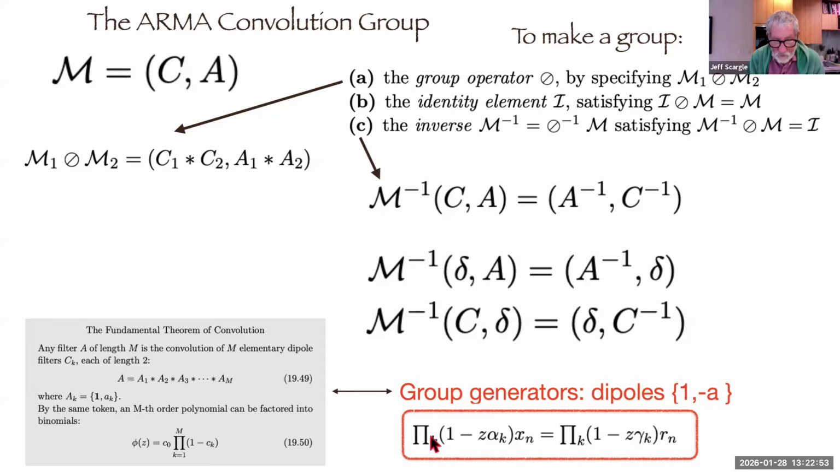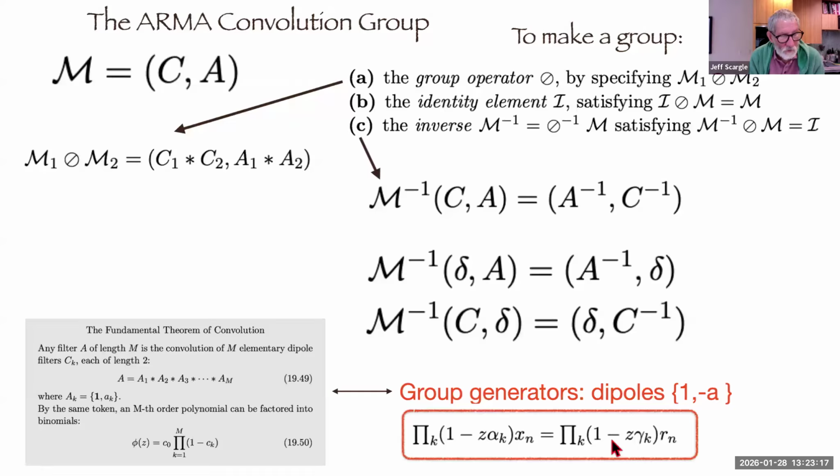In fact, this expression inside the pi is the generator for this group, the autoregressive generator, and this is the moving average generator. So these two simple dipoles generate this whole group of ARMA models in a convolution.